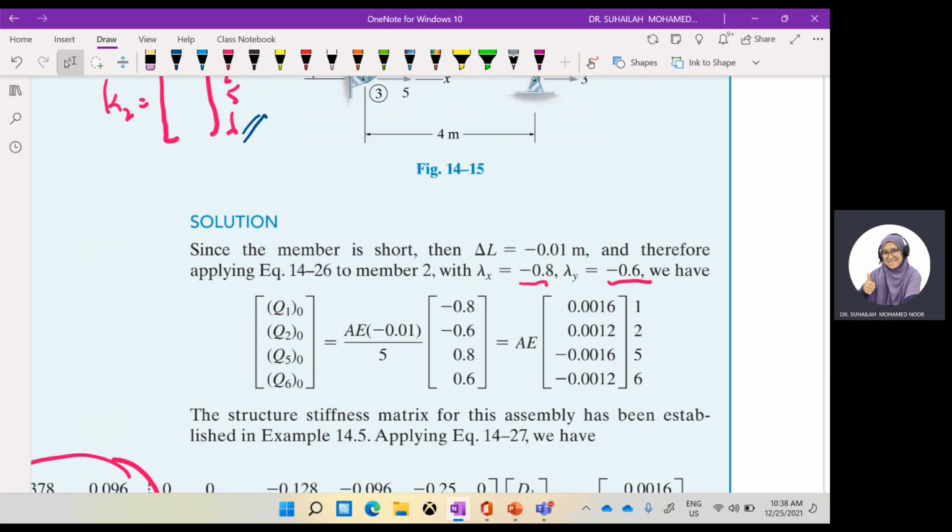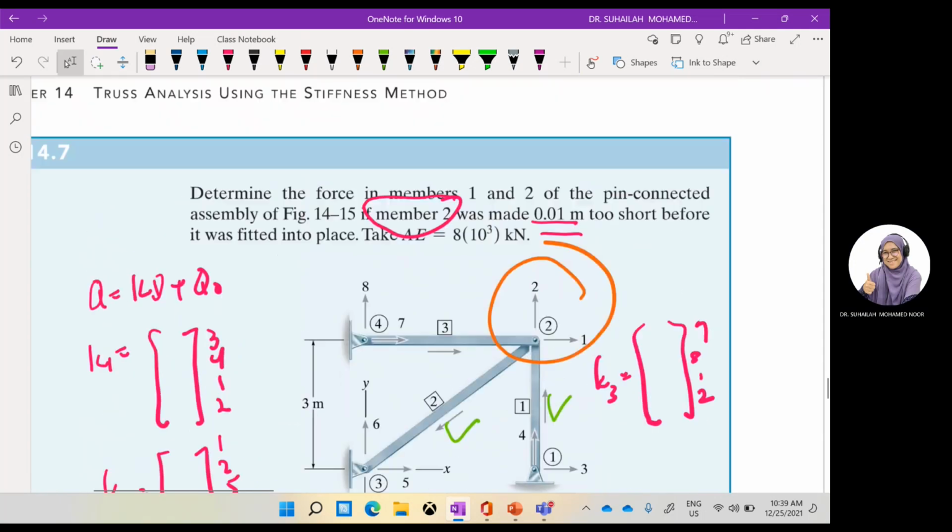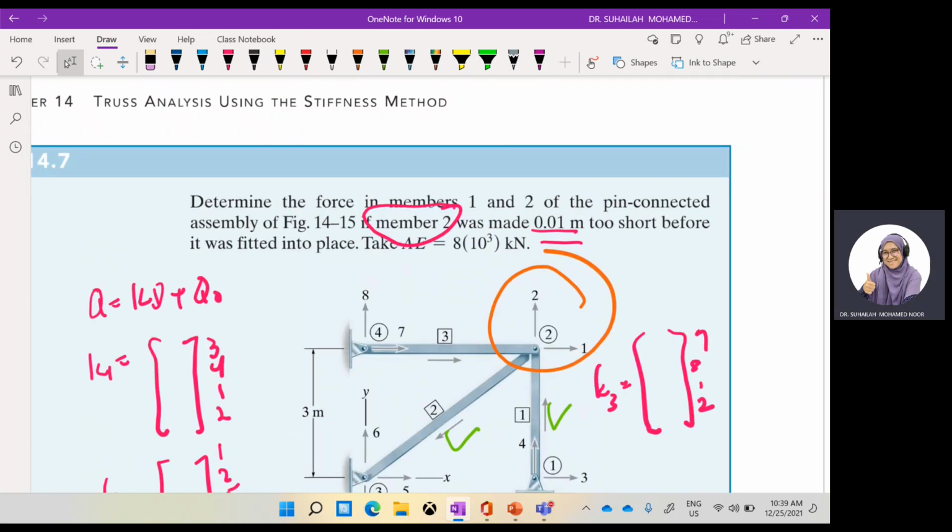Whenever a truss gets the effect of temperature changes and fabrication error, we need to understand that the displacement in structures may be due not only to external load, but also to temperature or fabrication error. These three factors will influence the displacement.